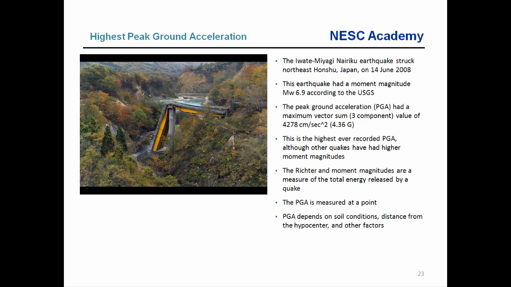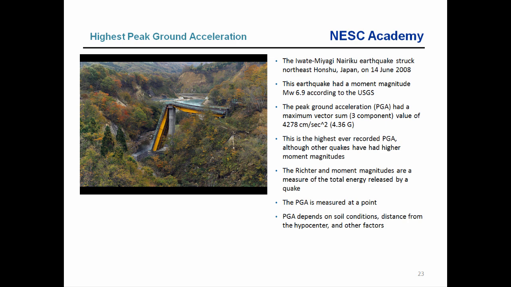Here's an earthquake that's also notable, and it's called the Iwate-Miyagi Nairiku earthquake in Japan. This was not the big one that caused the Fukushima reactor problems, but this was one that happened at a different time in 2008, before the Fukushima-related earthquake.